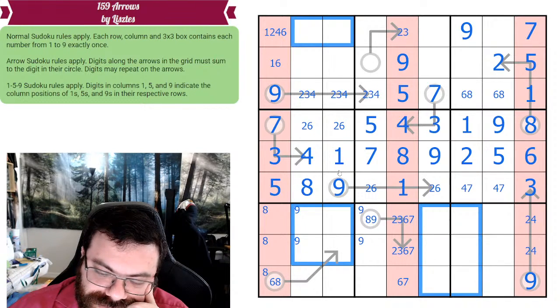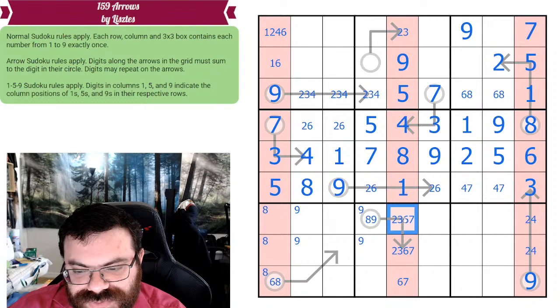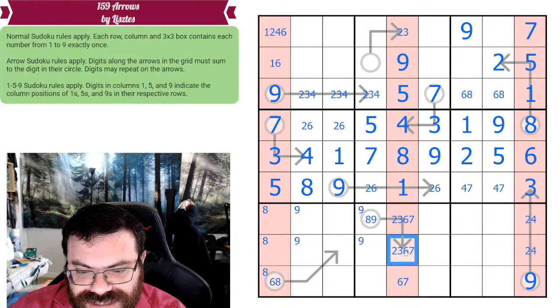That's where 5s go. Interesting. So if this is a 2, that's a 4, that puts a 9 there. So 2 would actually have to be with 7 to make 9. And here 2 would have to be with 6 to make 8.